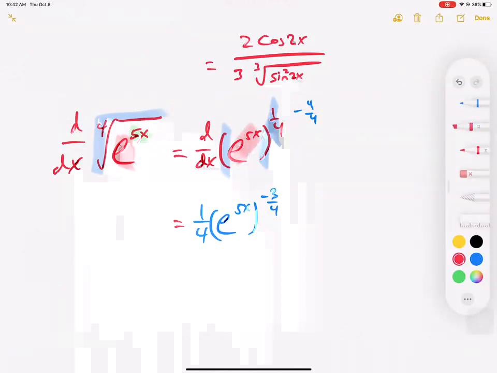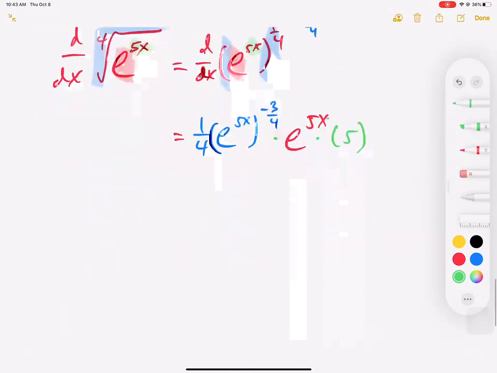Next part, the e to the 5x. The e part. The derivative of e is always itself. So e to the 5x. Done. Next part. Next level, the 5x. It's just going to be times 5. Okay.